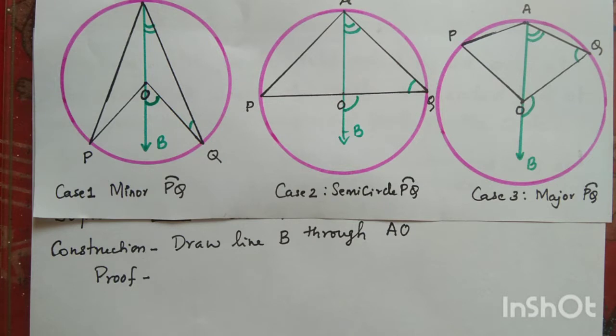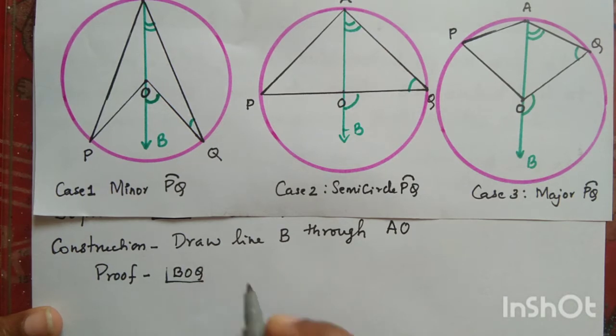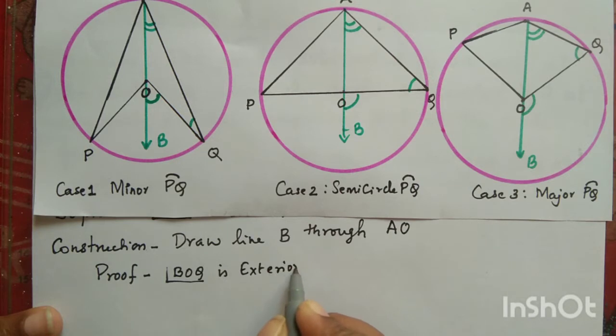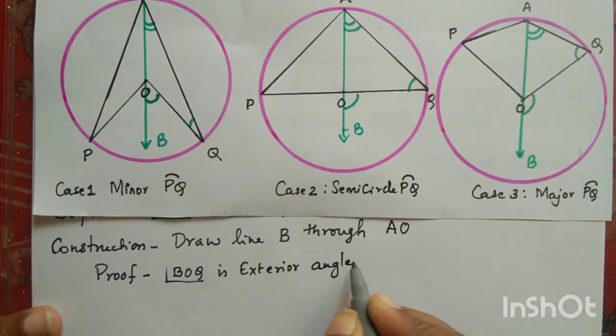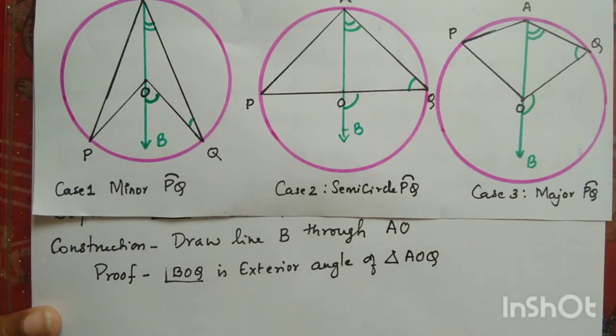So first we will write down angle BOQ is the exterior angle of triangle AOQ.